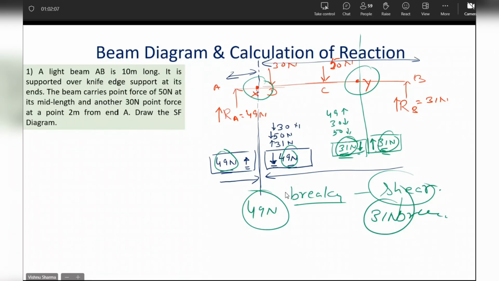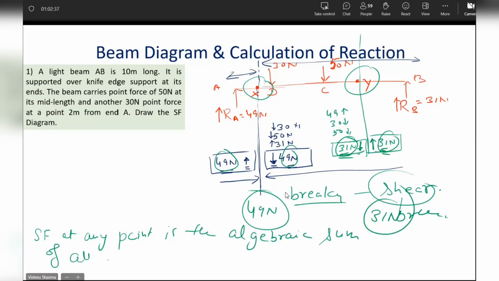And how did I get these values? By just doing the algebraic sum of forces to any one side. So can I now, from this little discussion, say that the shearing force at any point is the algebraic sum, up or down, of all forces to one side, any one side, of the point in question?